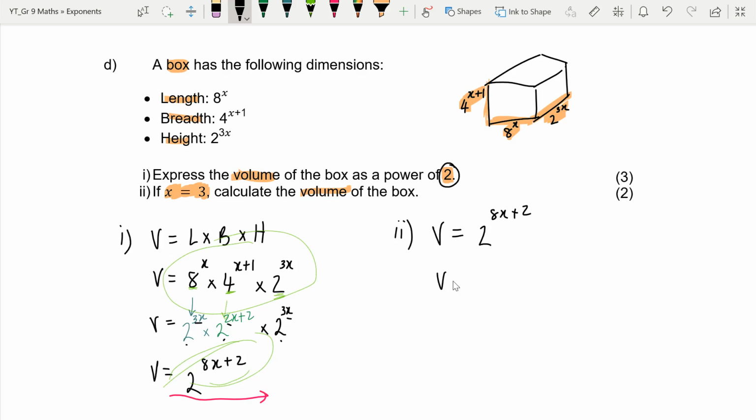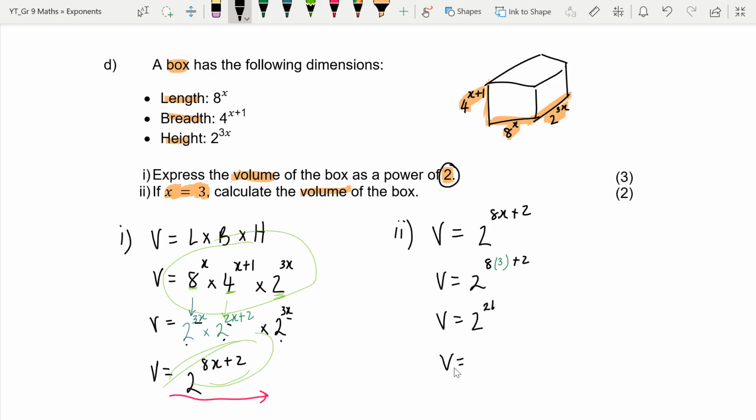Now let's go substitute. Into the place of x, we are going to substitute 3, and then plus 2. Now stay true to that operation over there. It's 8 times x, so it must be 8 times 3. What is 8 times 3? That must be 24 plus 2 is 26.